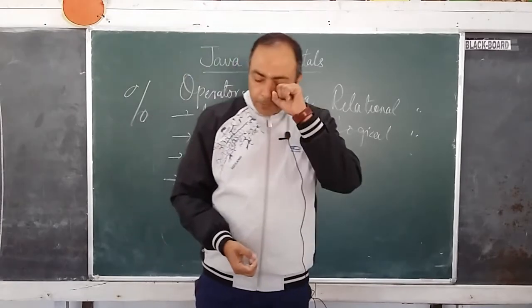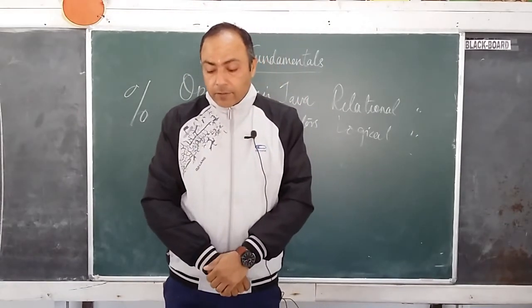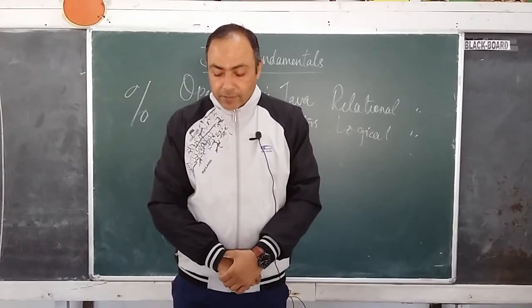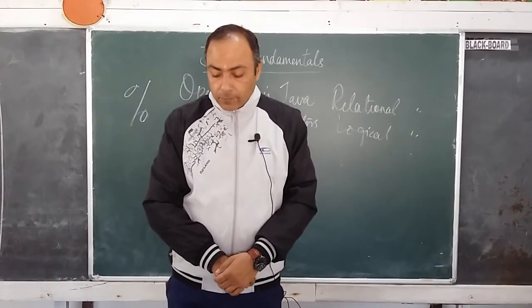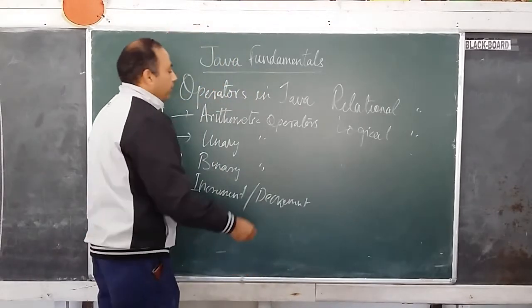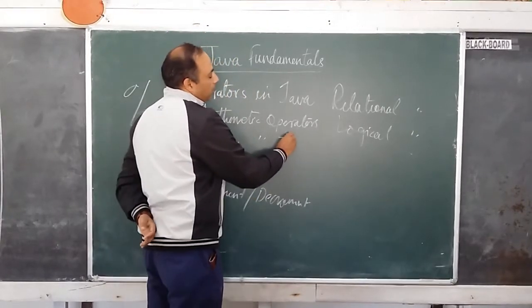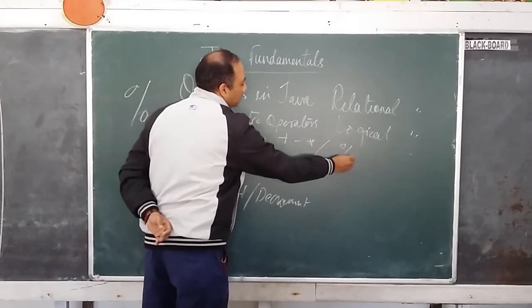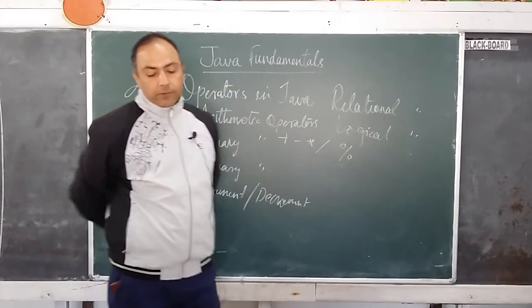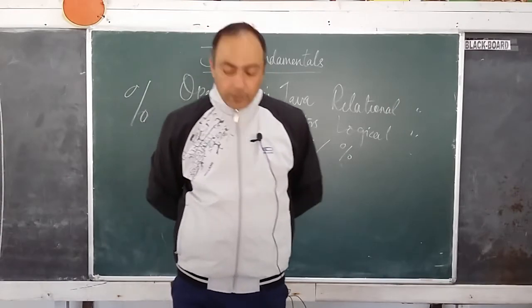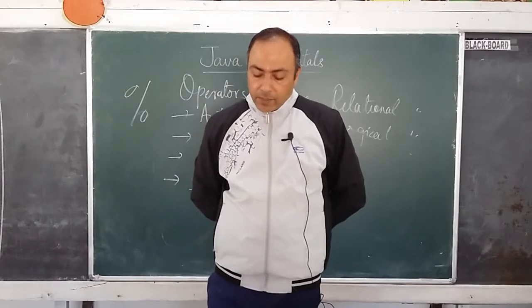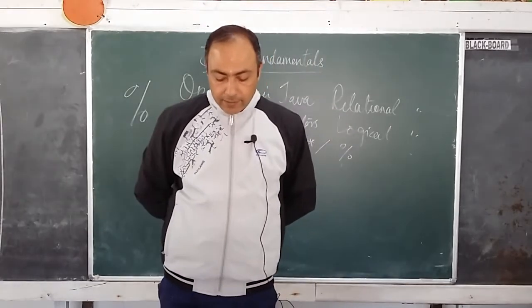Java provides operators for 5 basic arithmetic calculations such as addition, subtraction, multiplication, division, and modulus. So these are 5 types of operation that can be done through the arithmetic operators given in Java.